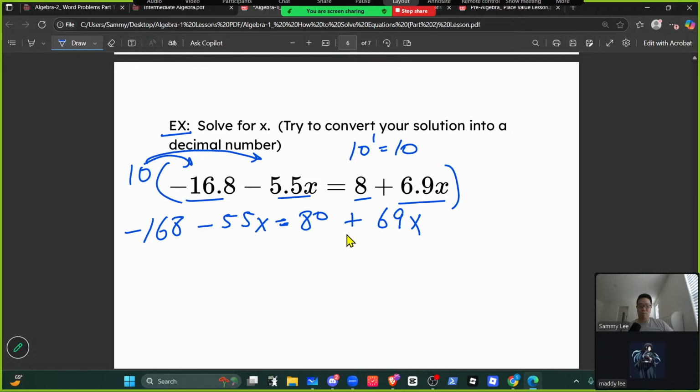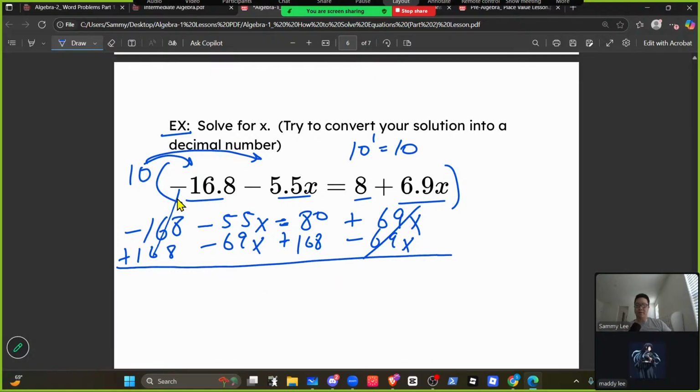So what would I do here now? Add 168 on both sides, and then subtract 69x on both sides. Those are going to cancel.